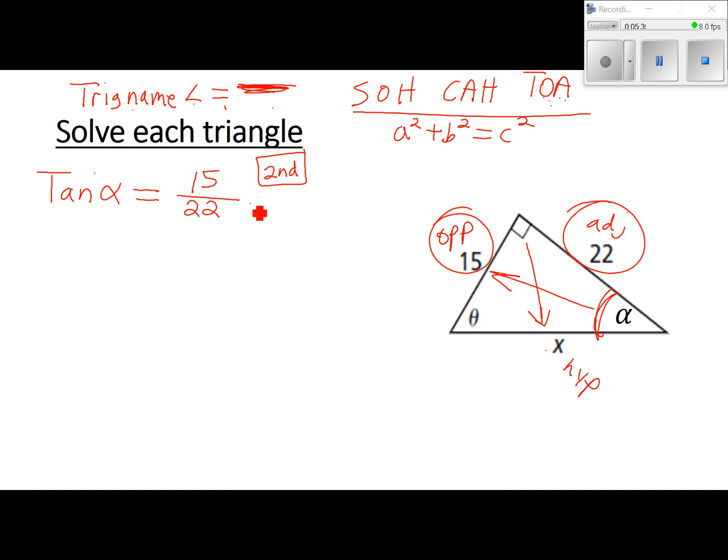I just grab my calculator and hit second tangent, 15 divided by 22, hit equals, and it tells me 34.2868, and so on. I said round all the angles off to the nearest degree, so we're going to round this off to 34 degrees. So we now know that this angle is 34 degrees.